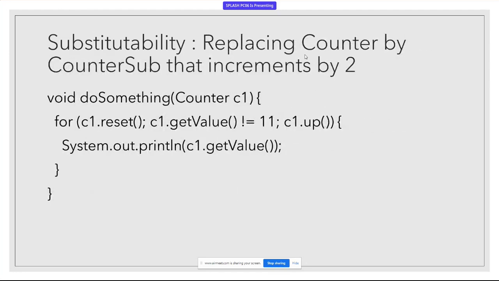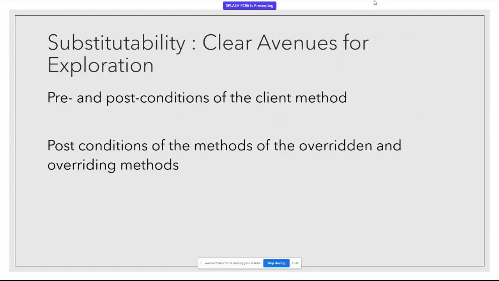What is the expectation of this loop? We talk about postconditions and what is expected of the counter. We talk about preconditions, and then we extend that to the pre and postconditions of the overridden and overriding methods of the counter class.